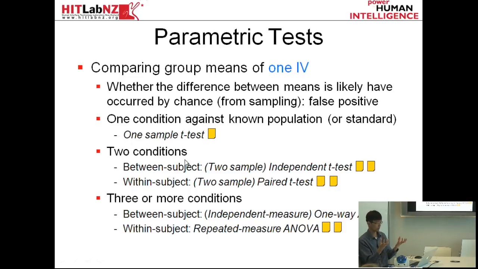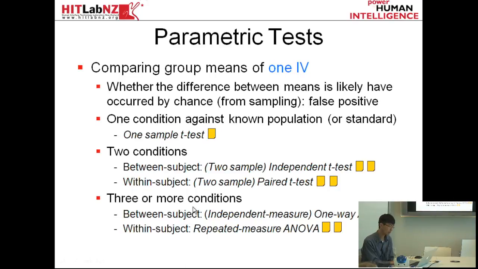So if you have two conditions you are comparing the mean value of those, then you will have to run t-test. And if it's more than two conditions, then you'll have to use one of the ANOVA tests.